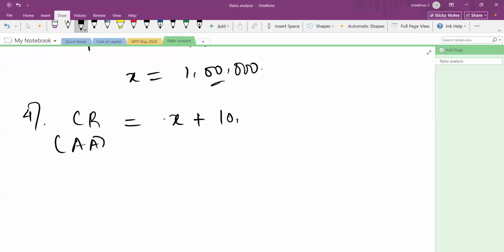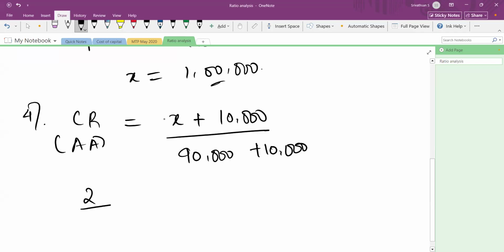So X plus 10,000 rupees divided by existing current liability, which was 90,000. On top of that, we purchased inventory on credit basis, so that will further increase the current liability by 10,000. So plus 10,000. So current ratio is 2 by 1 is equal to X plus 10,000 divided by 1 lakh.